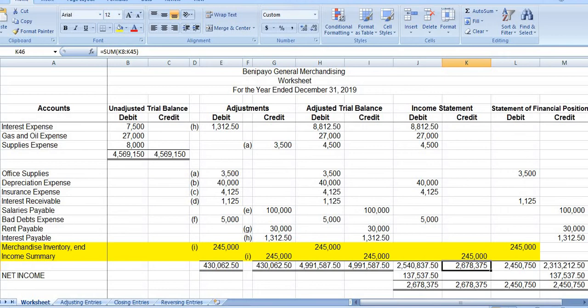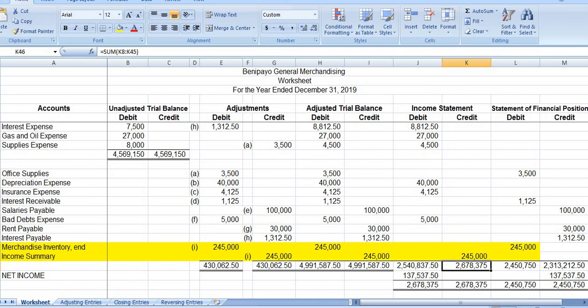2,678,375. Now, knowing that the total credit is higher than the total debit and recalling that the debits in the income statement are the expense and contra sales accounts, while the credits are the revenue and contra purchases accounts, then you should realize that in this case, the total revenues are greater than the total expenses, which means what?